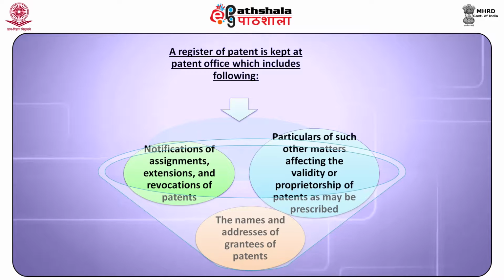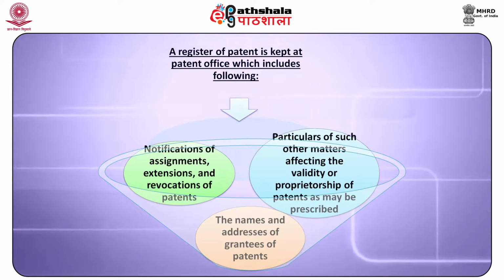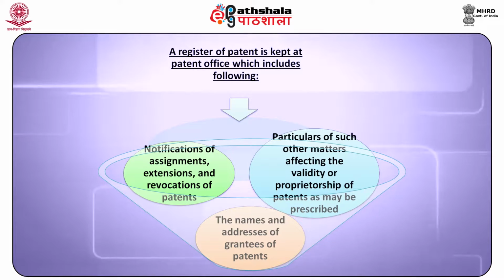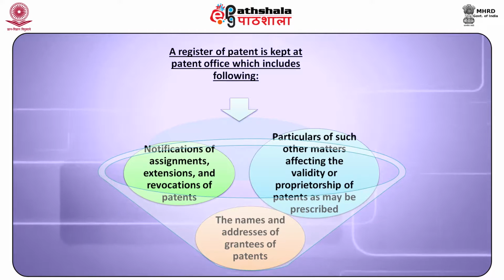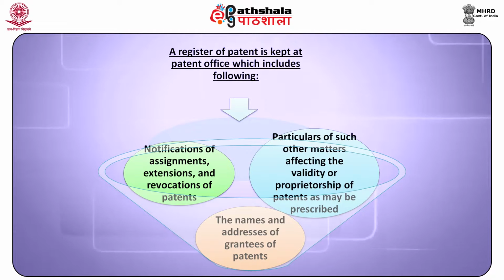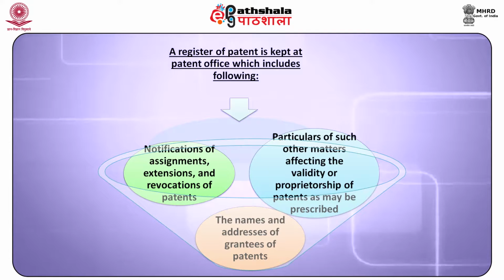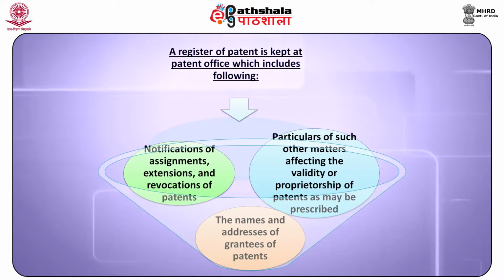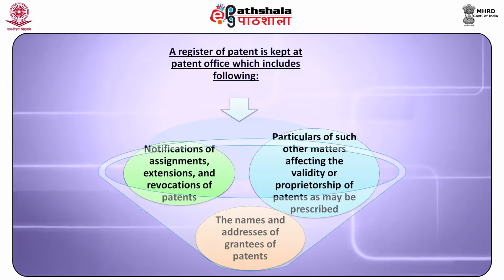A register of patent is kept at Patent Office which includes following: the names and addresses of grantees of patents, notifications of assignments, extensions and revocations of patents and particulars of such other matters affecting the validity or proprietorship of patents as may be prescribed.